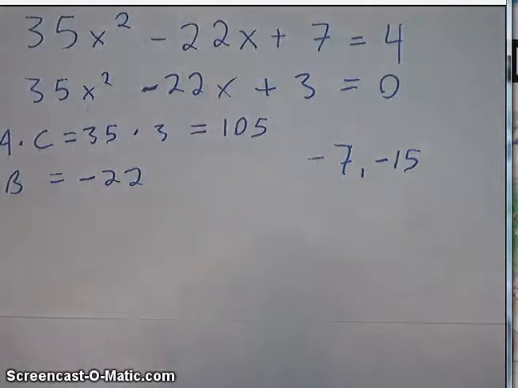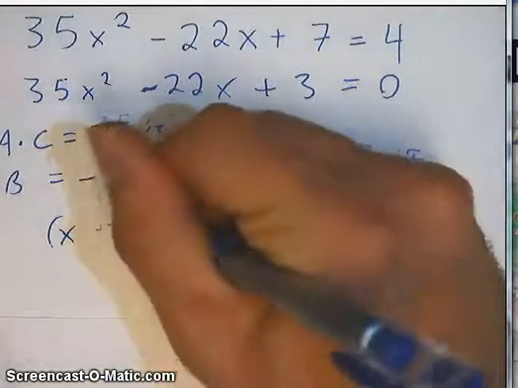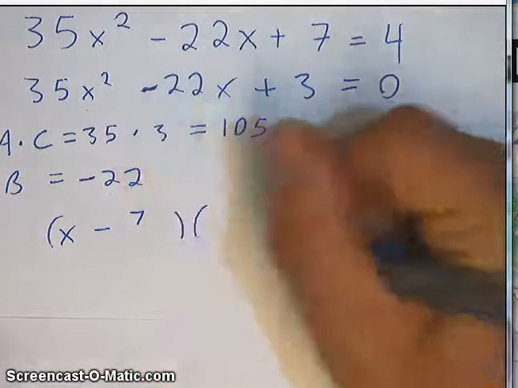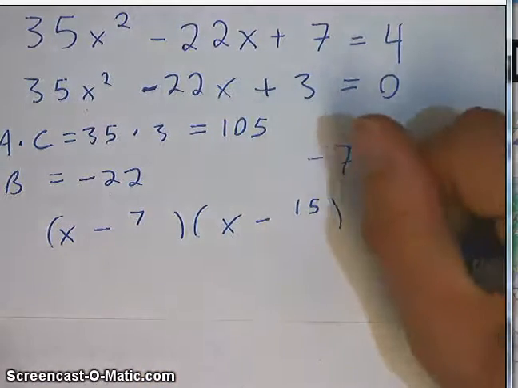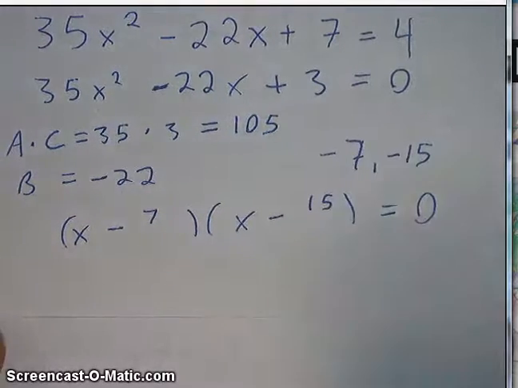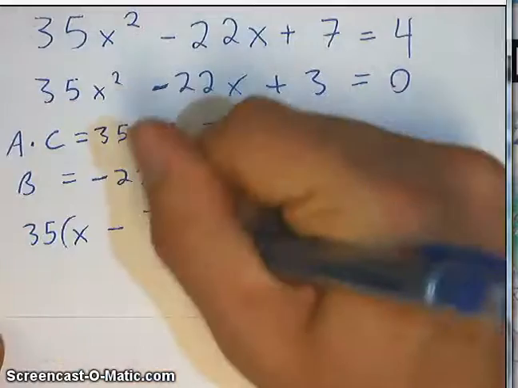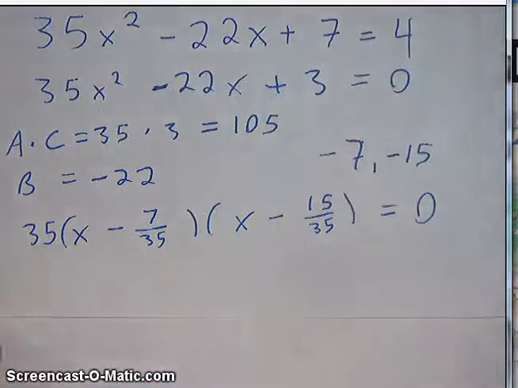So I'm going to rewrite the equation now with my factors. I've got my x, I've got my minus 7, but I know I'm going to write it as a fraction, so I'm going to keep it nice and high. I know it's going to all equal 0. And I'm going to take the a value, I'm going to write it 3 times. 35, divide by 35, divide by 35.